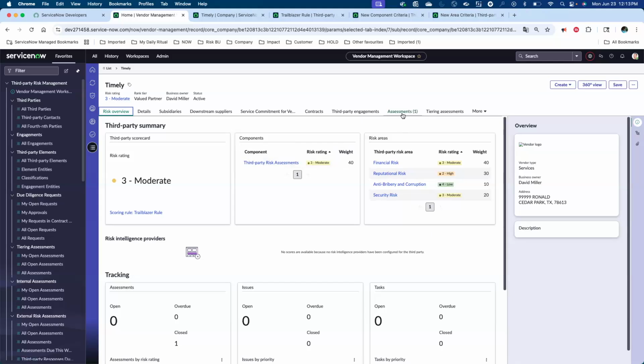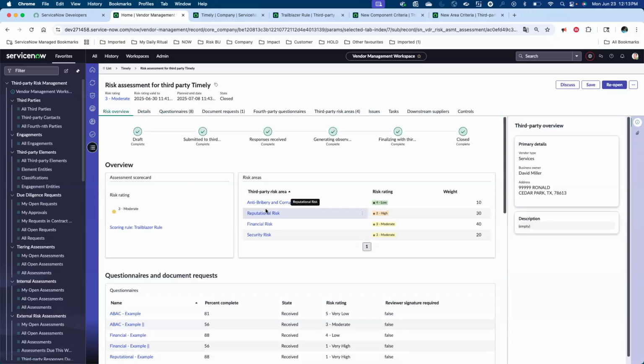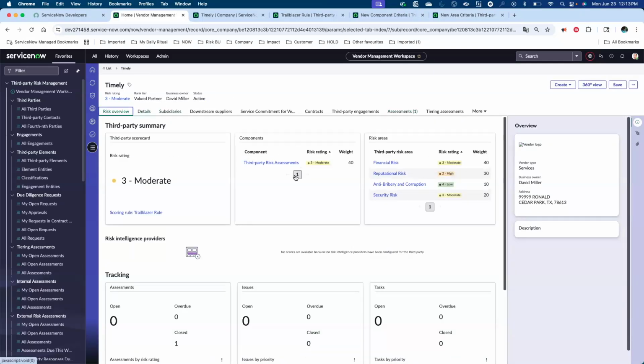It's only one assessment, so that is what we investigated. And we also understood how the risk areas were determined for this particular assessment. And when they roll up, there's only one assessment, so that is what you would see at the third-party level as well.